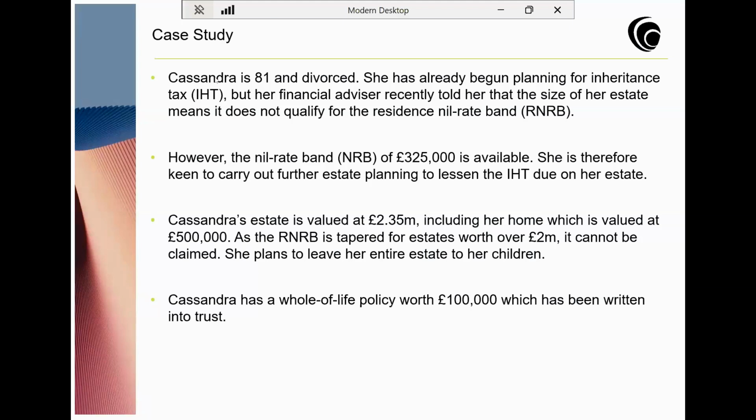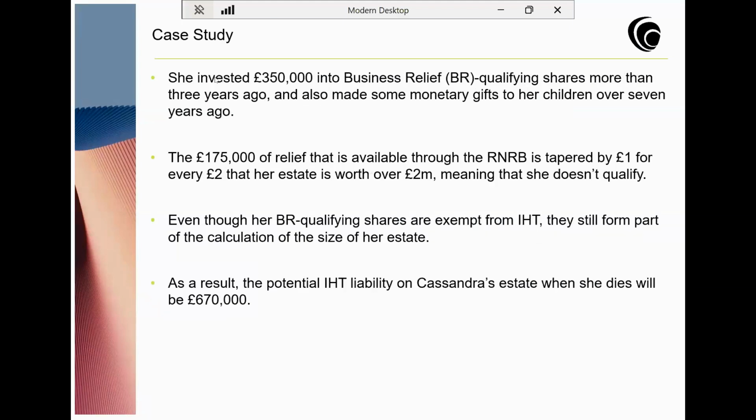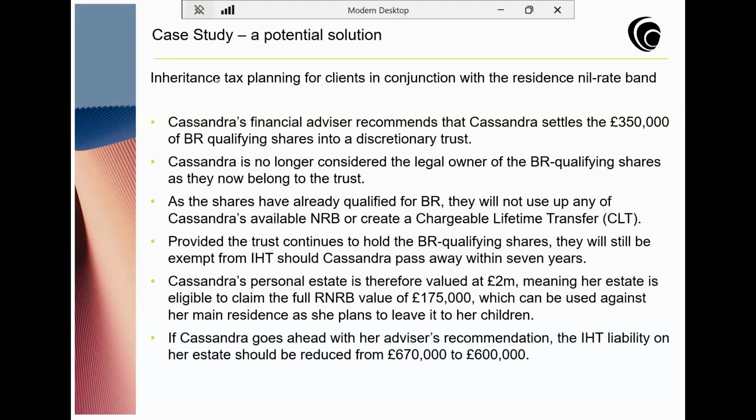However, she did have, if we go on to the next slide, an investment which was already in a business relief investment of 350,000. Once she had had that already for 3 years, if she moved that into a discretionary trust, on the next couple of slides, please, James, you'll see the benefit of that because it was already outside the estate as it was over the 2-year term.